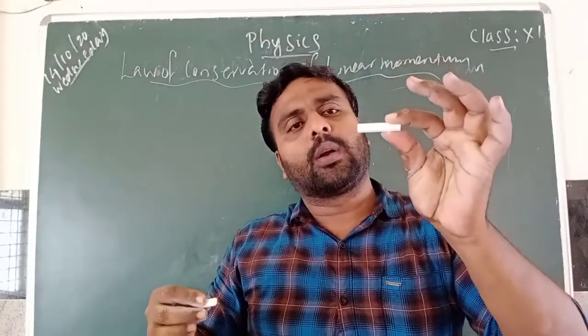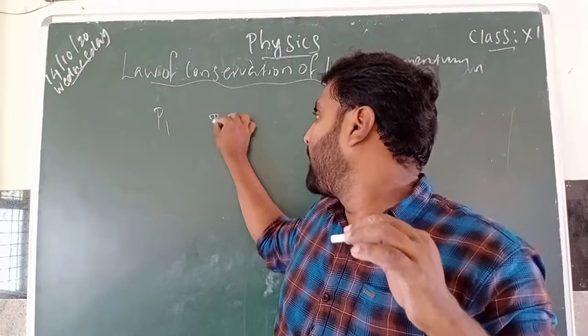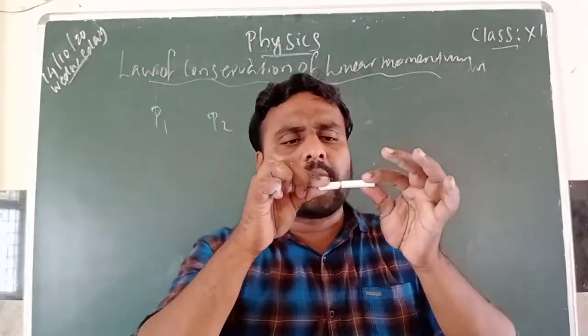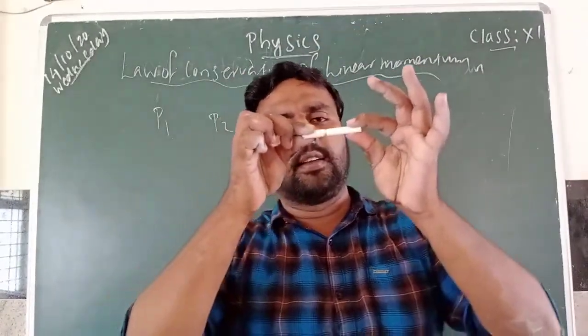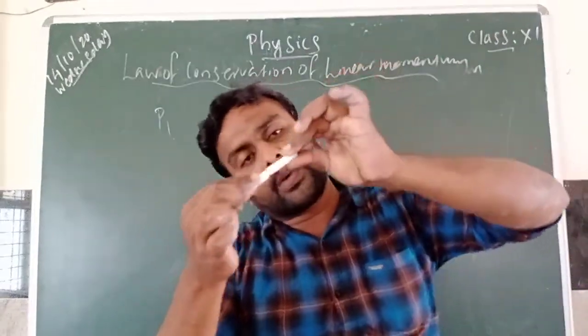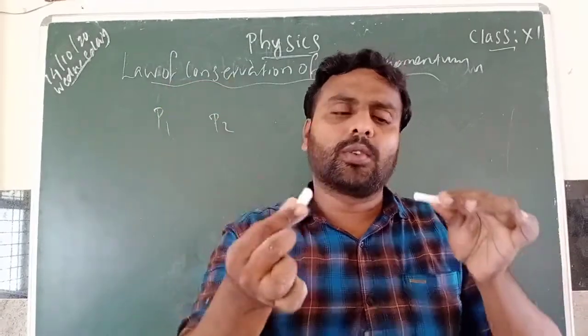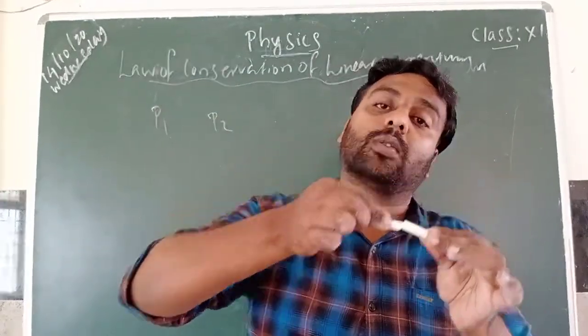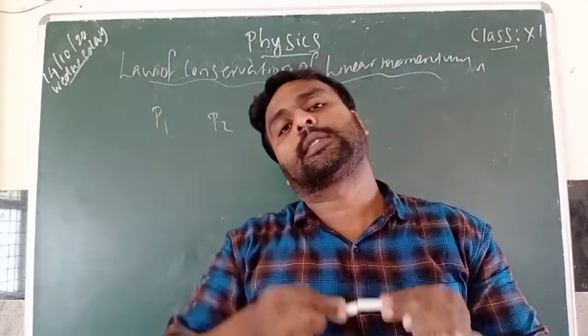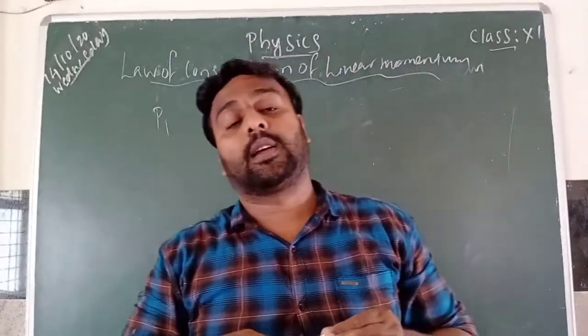This is particle 1, P1, and this is particle 2, P2. Particle 1 exerts a force on particle 2, and at the same time particle 2 exerts a force on particle 1, in the opposite direction.